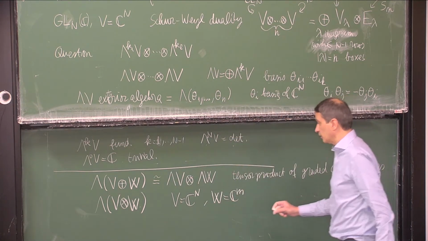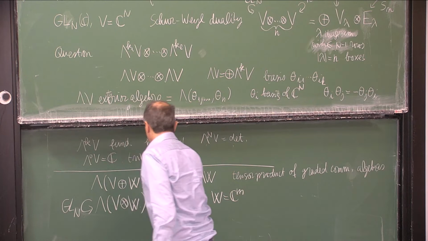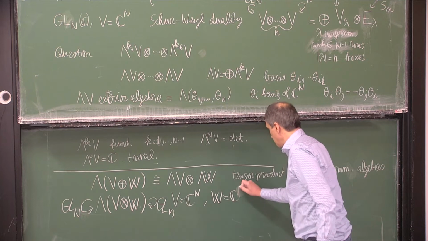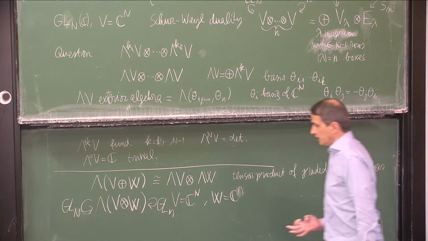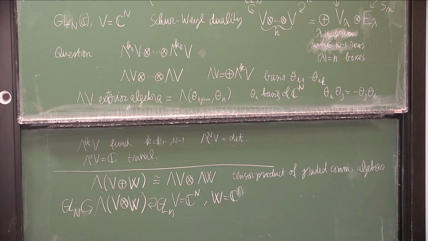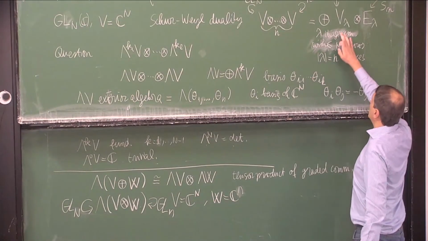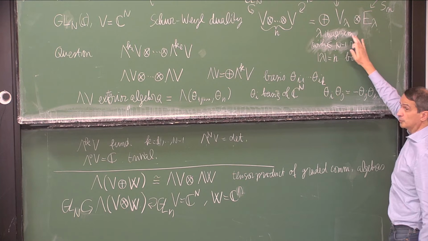Then here we have an action of GLN and an action of GLn. I should use another letter, but now I have capital N and small n, and they commute. And the theorem of Howe, of Kostant or somebody, is that this is a multiplicity-free action. Namely, you have two groups which act, and if you decompose it into irreducible representations, each representation occurs exactly once for each of the groups.